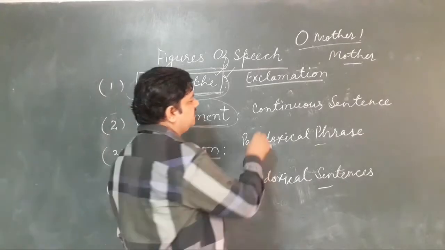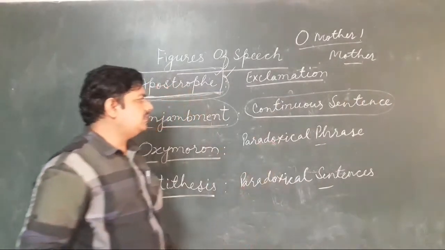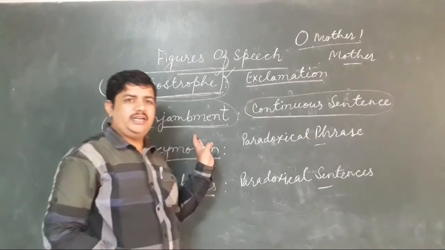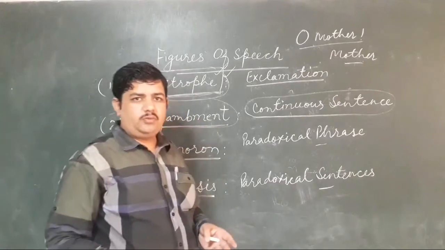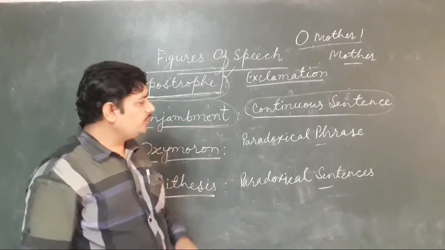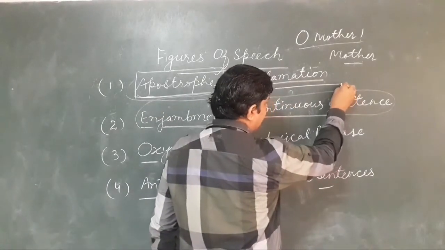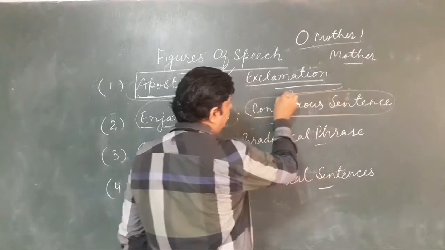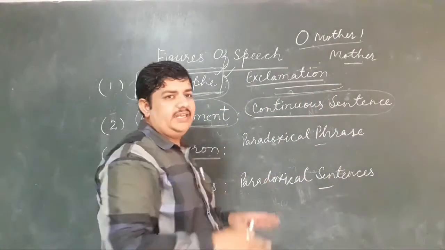Next in this series we have enjambment. Enjambment is a continuous sentence. It's not very difficult to identify, it's very easy. You have to see a sentence which has its continuity in the next line, as far as poetry is concerned.